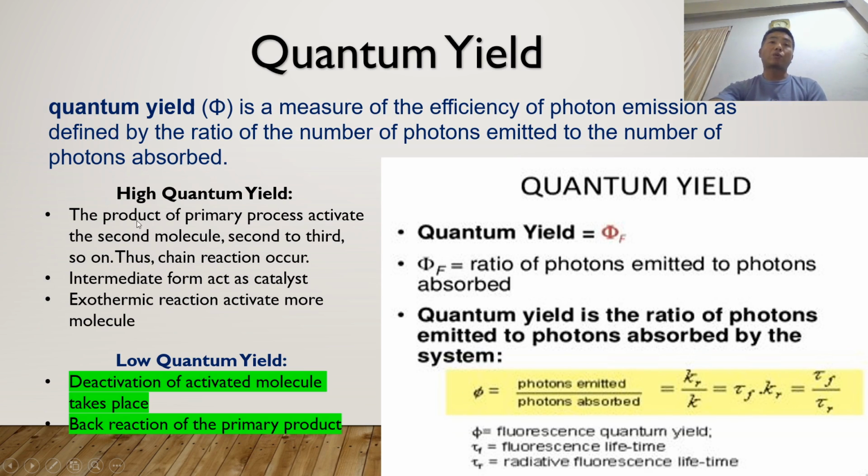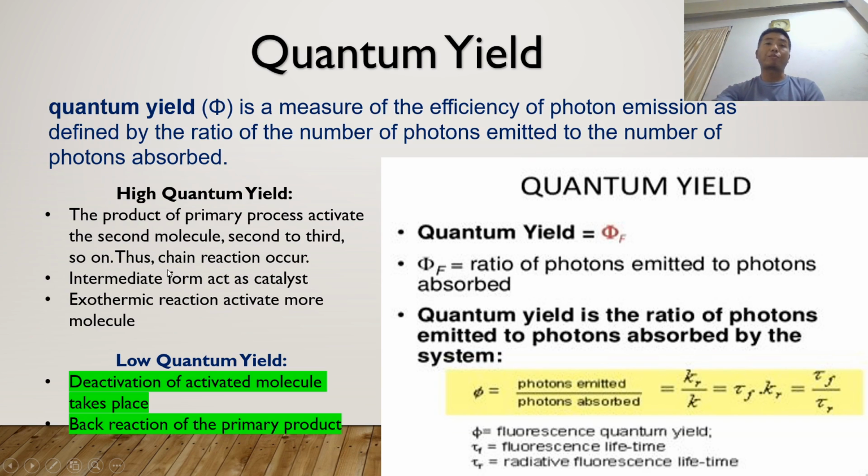In a high quantum yield, the product of the primary process activates a second molecule, then a third molecule, and so on. That means a chain reaction occurs, and in this case the molecular reaction is very, very fast. Another important point is the intermediate between the reactant and the product.